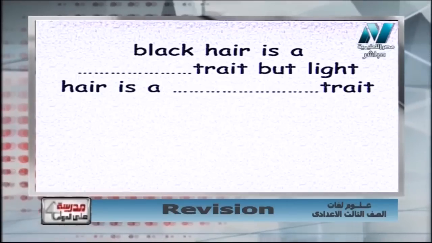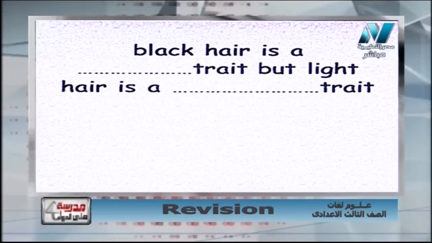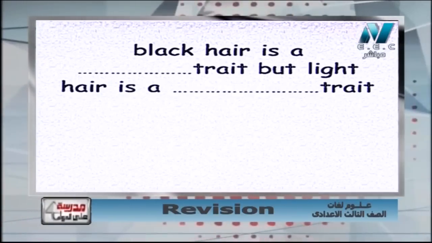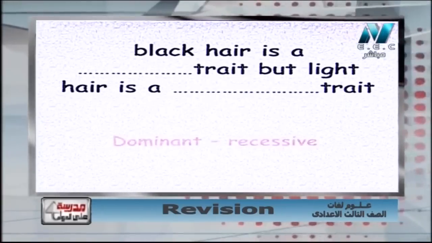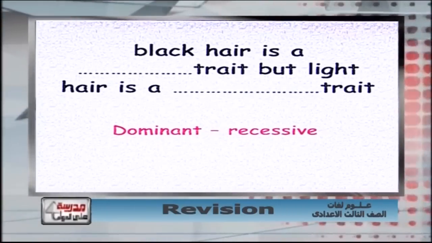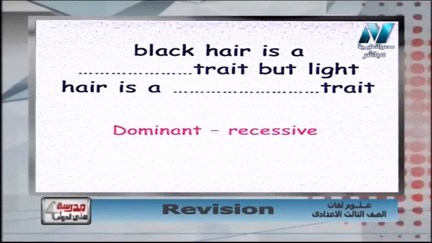Another question says: black hair is a point trait but light hair is a point trait. Sure, black hair is a dominant trait but light hair is a recessive trait.